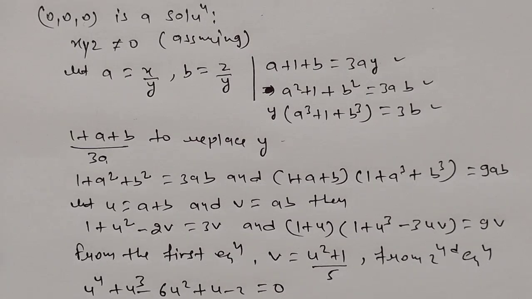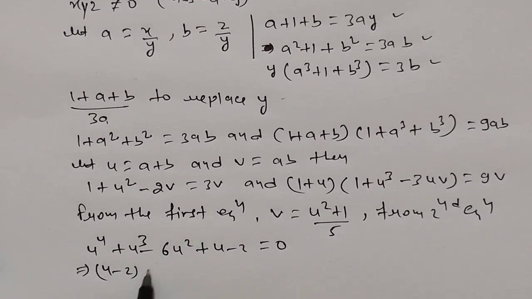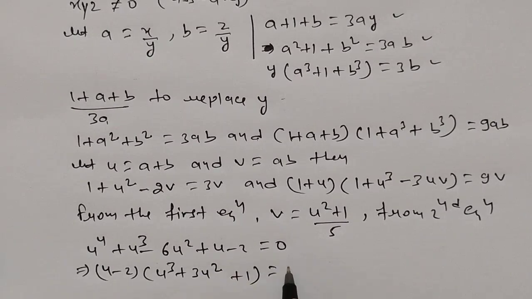Now we can factorize this as (u minus 2) into (u cube plus 3u square plus 1) equal to 0.